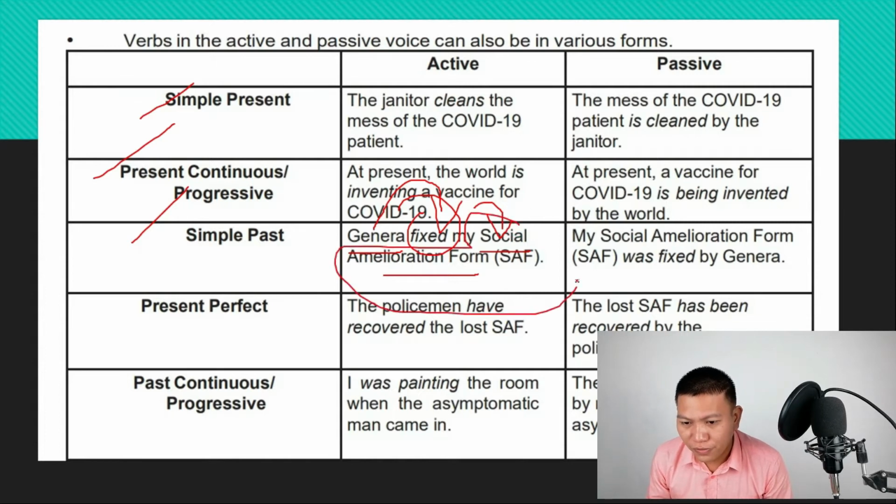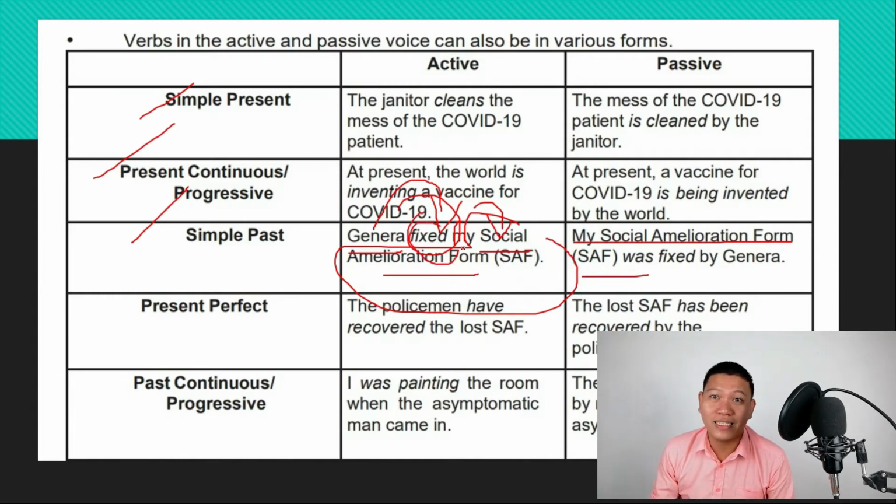Social amelioration form, my social amelioration form is the subject. Singular or plural? Singular. And then since fixed is in its past form, simple past, we will use the simple past linking verb was, and then plus past participle, fixed by Genera. Okay, clear.